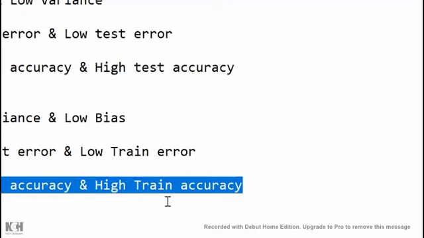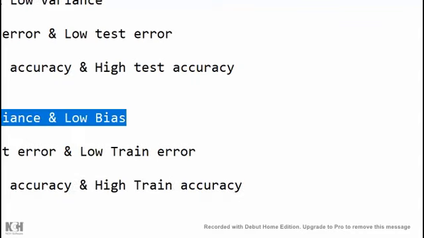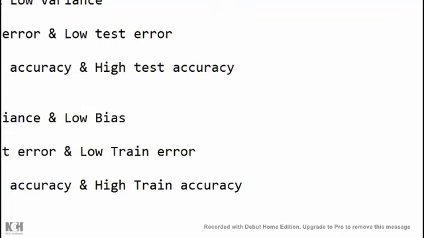If someone asks you to explain the bias variance trade-off, then you have to use the words bias and variance clearly. High variance model is called overfitted. High bias with low variance is called underfitted, just opposite to this.